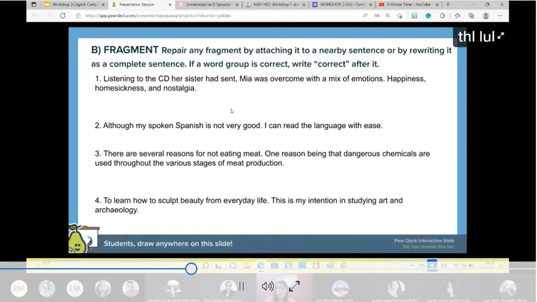Listening to the CD, Mia was overcome with a mix of emotions, happiness, homesickness, and nostalgia. Although my spoken English is not very good, I can read the language with ease. There are several reasons for not eating meat. One reason being that dangerous chemicals are used throughout the various stages of meat production, and to learn how to spot beauty from everyday life. This is my intention in studying art and archaeology.